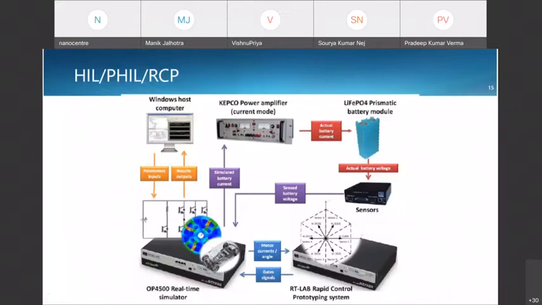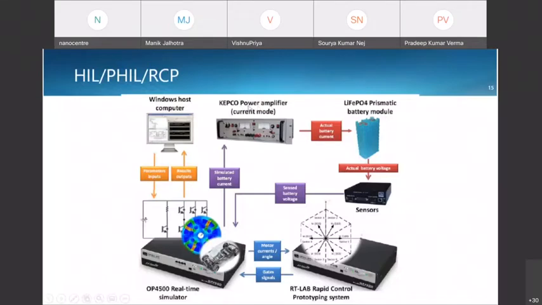So what we are trying to do is, in the simulator our model sits, and from here we can extract the simulated battery current information from the real-time simulator. This information of the simulated battery current will now be fed to a power amplifier.